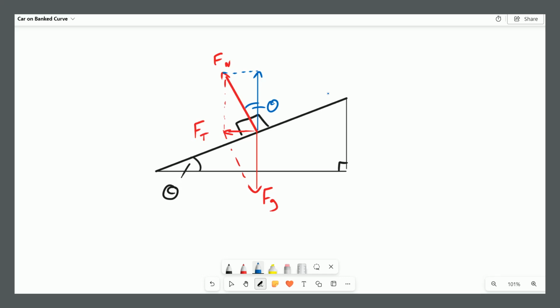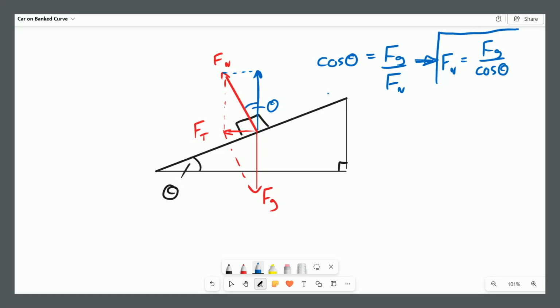But we also know that if we take the cosine of theta, we get the force of gravity, that magnitude, because this length here has to equal mg, divided by Fn. And we can rearrange that to say that Fn equals Fg divided by the cosine of theta. And we are going to use that later on.